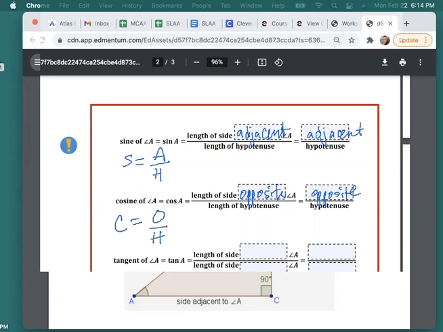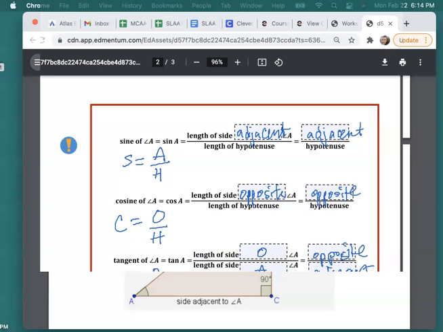Tangent is opposite over adjacent. I'm going to put opposite over adjacent. Hopefully you can write nicer than I can. Tangent, or T, equals O over A.